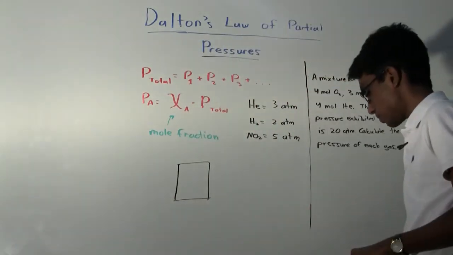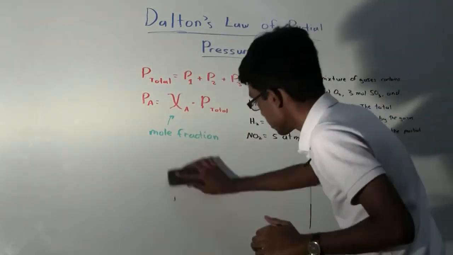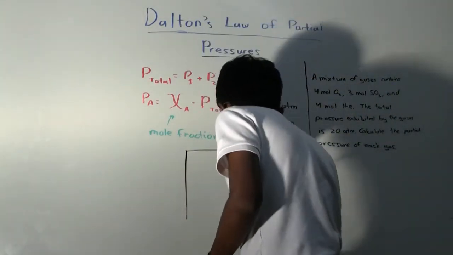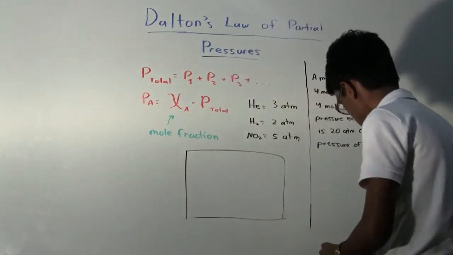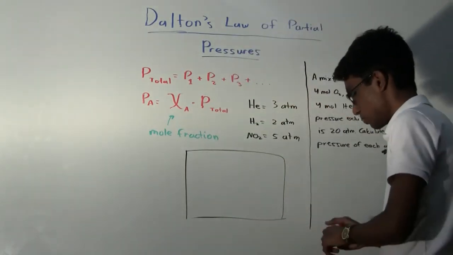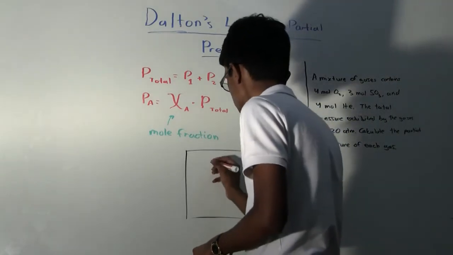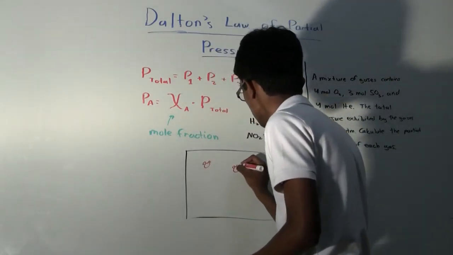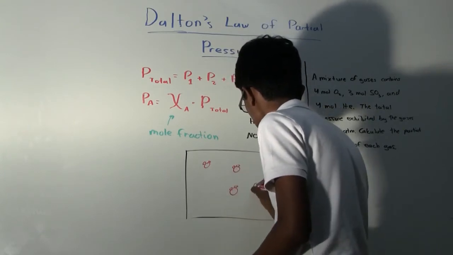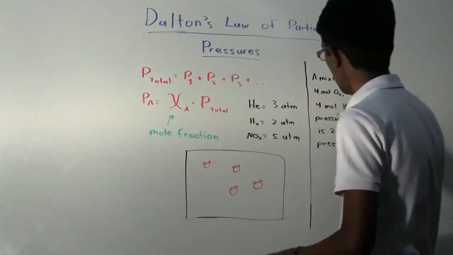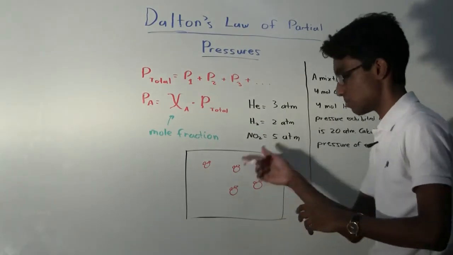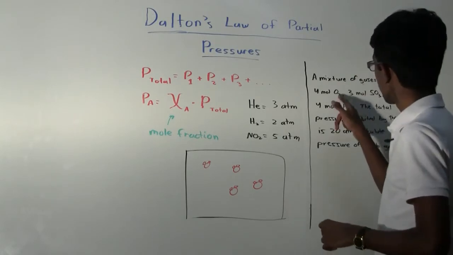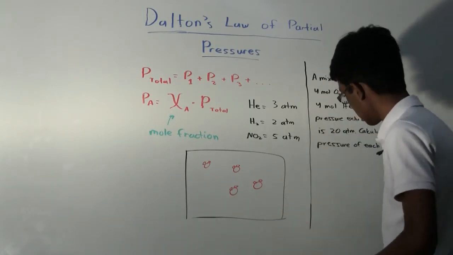And then we have 4 moles of O2. So let me draw this a little bit bigger. 4 moles of O2, so I'm just going to draw 4 little molecules of O2. Of course, it says 4 moles, but for demonstration purposes, I'm just going to draw 4 molecules. Okay. I'm sorry. That is not O2. Let's just call this H2O.